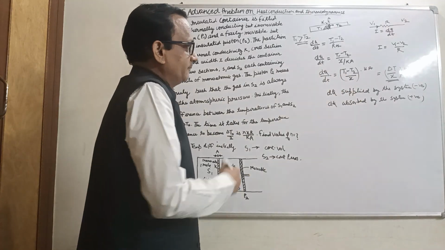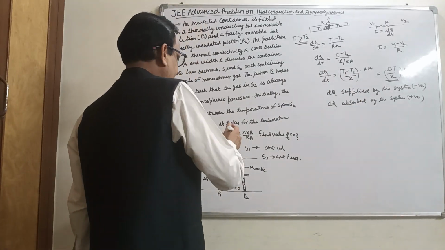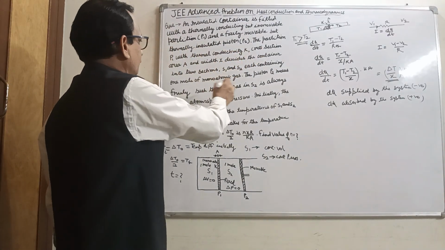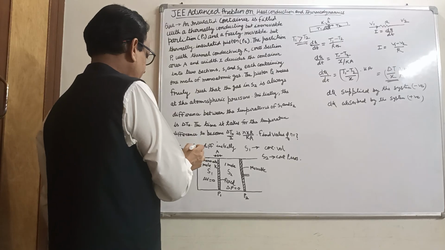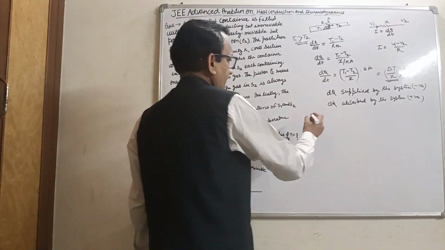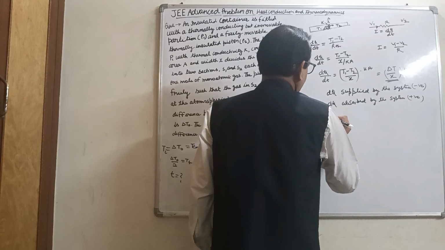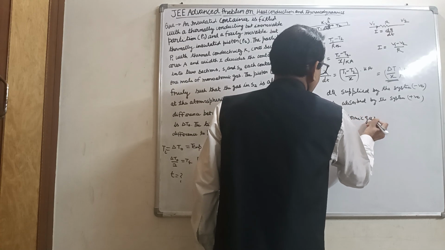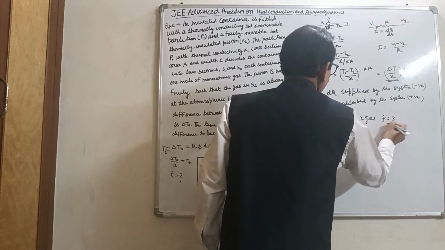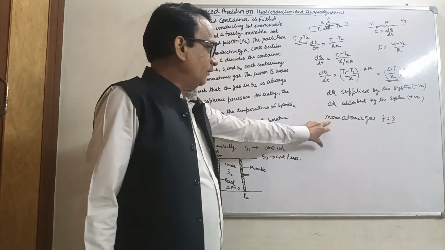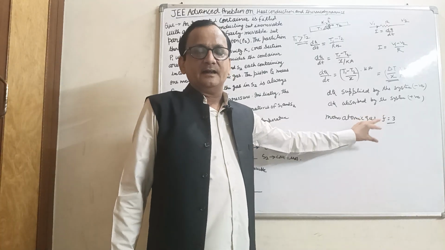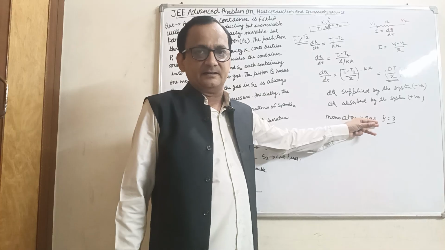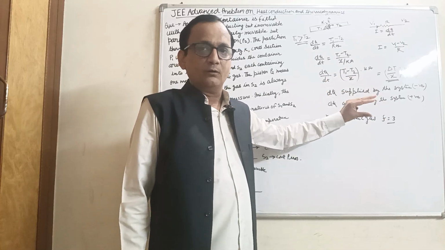Here is also a term, the monoatomic gas. For a monoatomic gas, the degree of freedom is 3, because there are only 3 translational modes of energy, no vibration and no rotational energy.